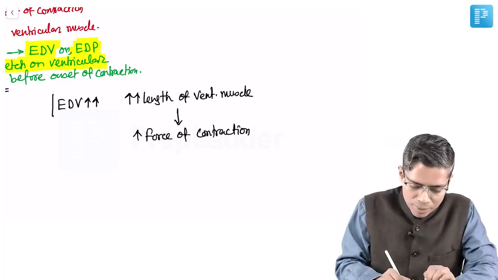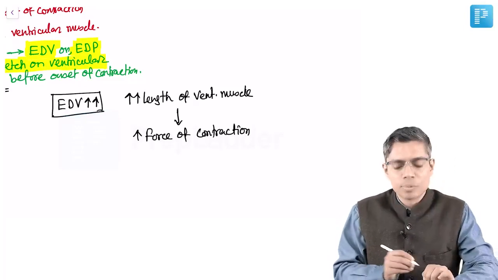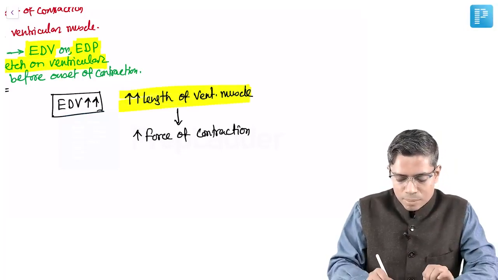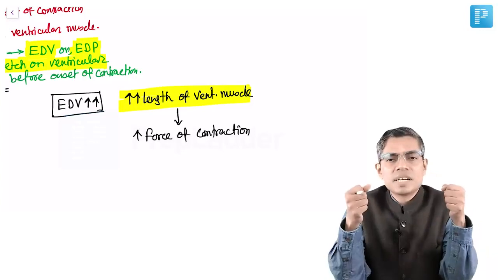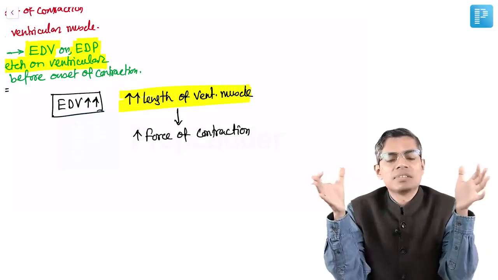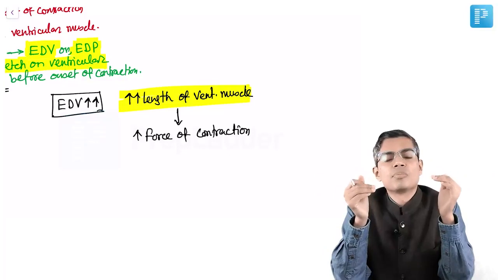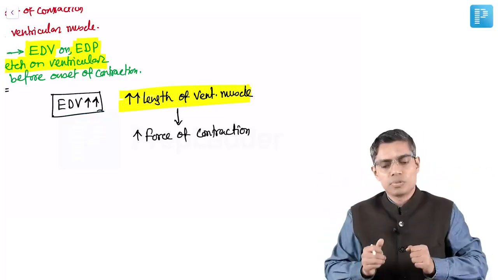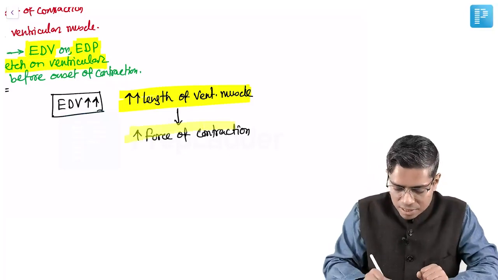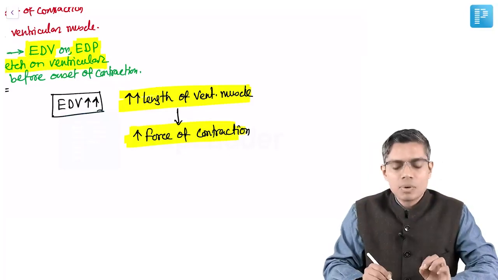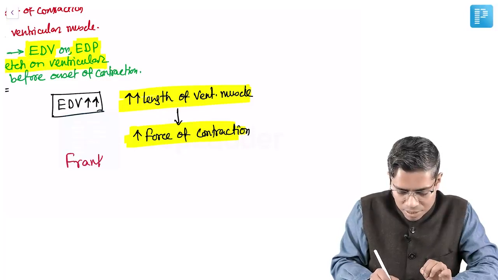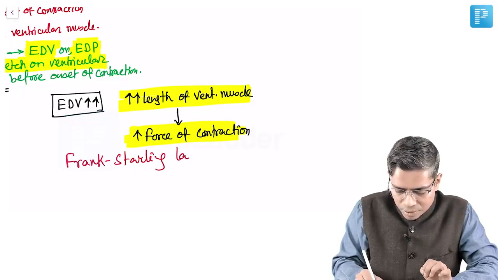So whenever your end diastolic volume is rising more and more, there is an increase in length of the ventricular muscle. If you stretch the ventricular muscle more and more, the ventricular muscle will contract more and more forcefully, right? So more stretch, more forceful contraction. This relationship is known as the Frank-Starling law of the ventricle.